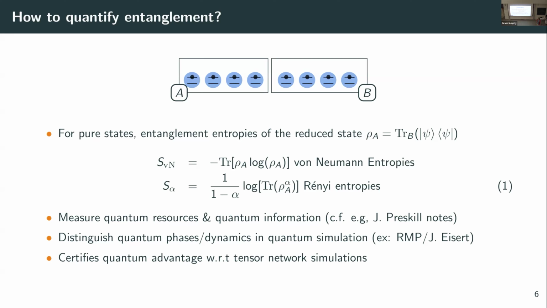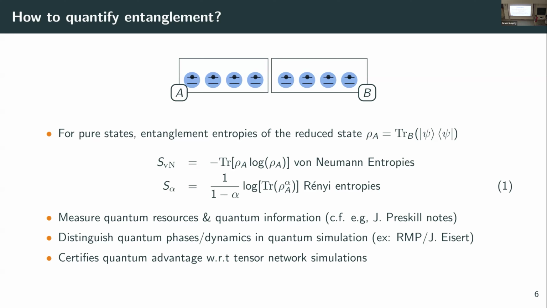You can have area law in the ground state, universal contribution to the area law in topological phases. You can see that entanglement will grow as a function of time in thermalizing systems, or grow logarithmically in MBL systems, as we have seen before the break.